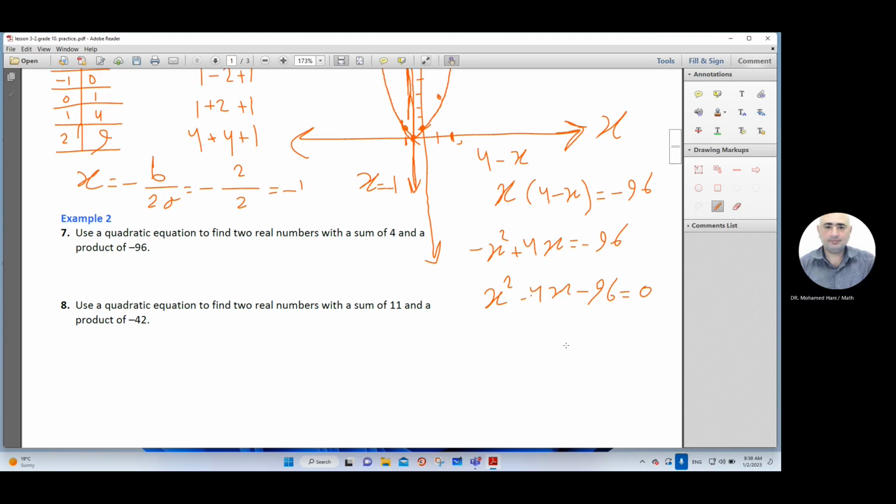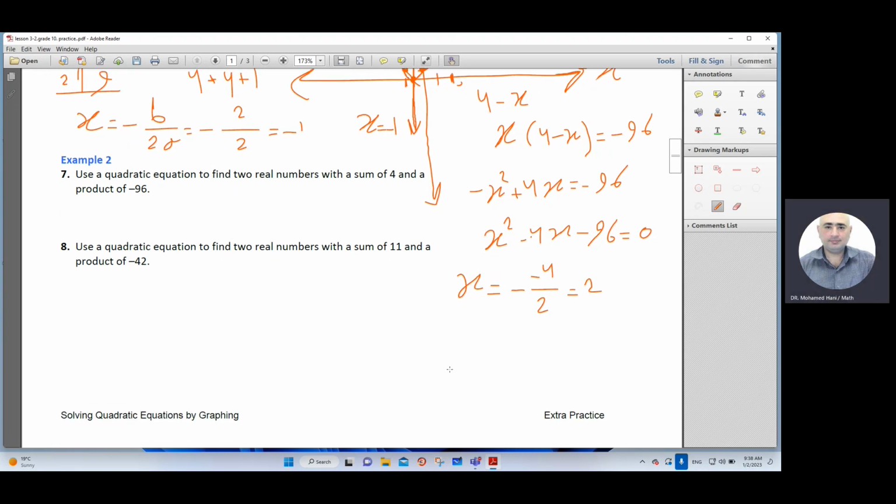Then we can find the line of symmetry. x equals negative b, negative 4, over 2a, means 2. Then you can make a table, x and y.